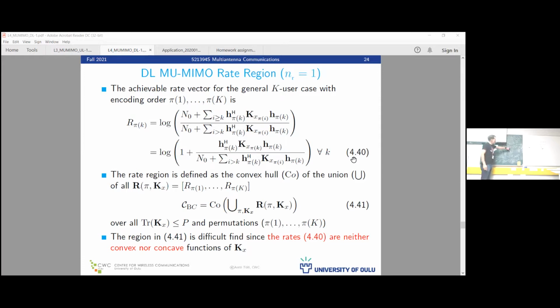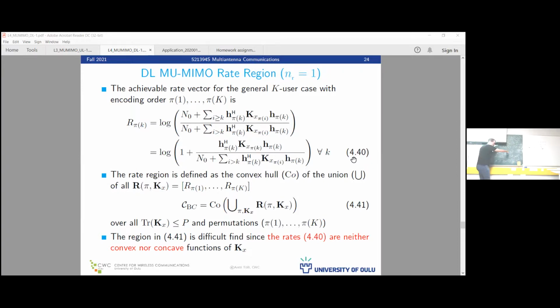And now you can define that this is the transmitted signal vector of xk. So xk is Gaussian distributed, zero mean with covariance Kxk, right? In the end, of course, it's a rank 1 matrix. So Kxk is uk uk Hermitian pk, right? But in general, Kxk.